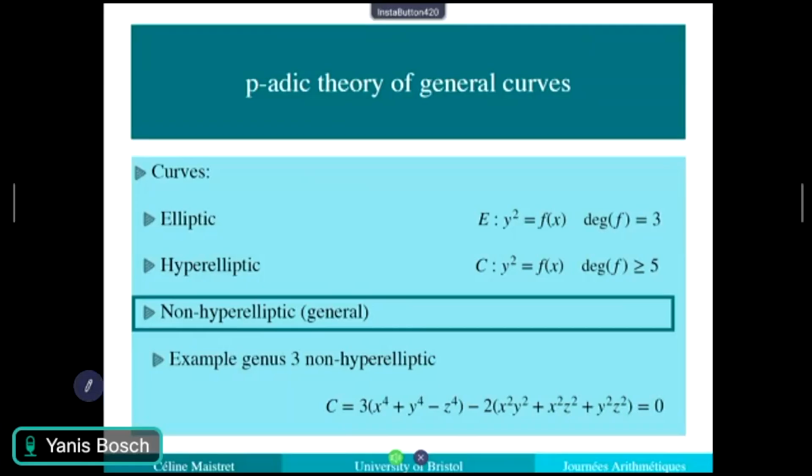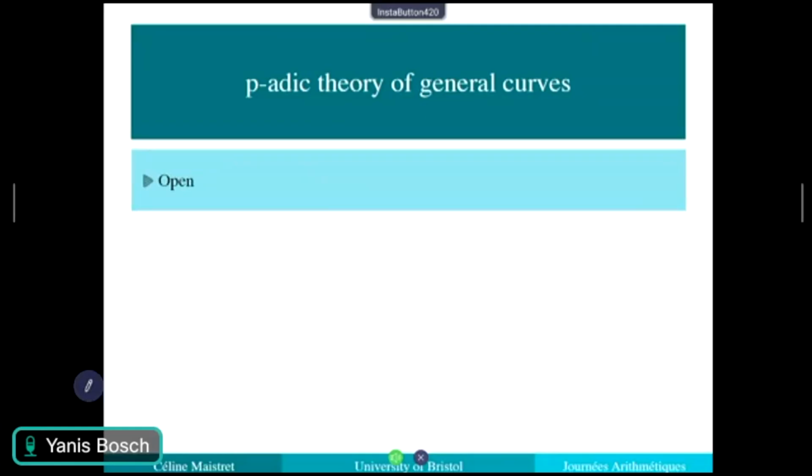But for general curve, it's unclear what data we should extract from the curve. So the honest answer is that we don't know. So given a general curve, we don't know where this minimal data sits, which I called in this title the essence of curve.